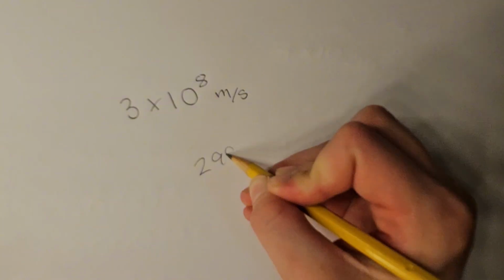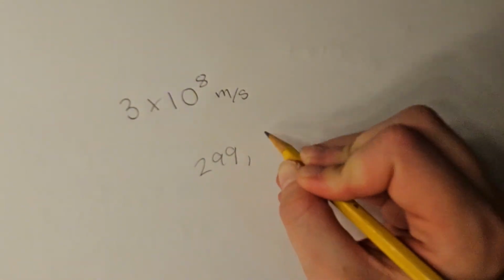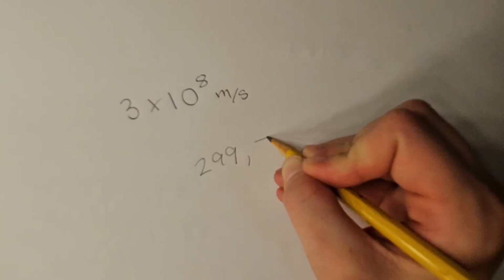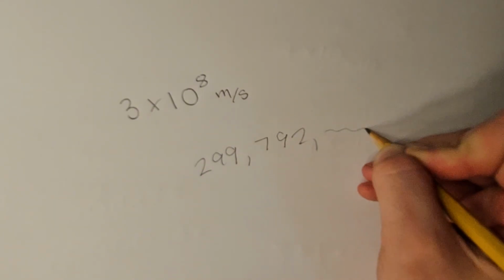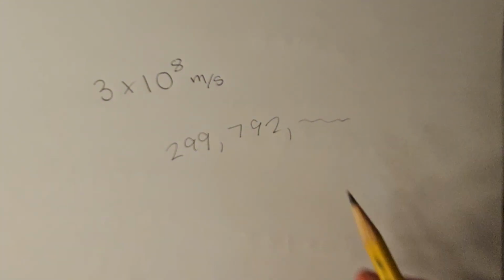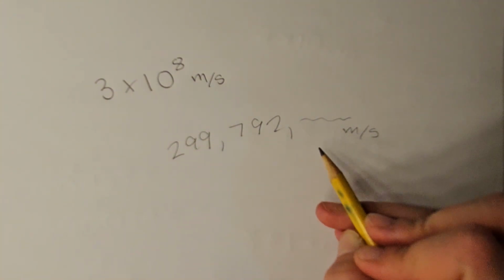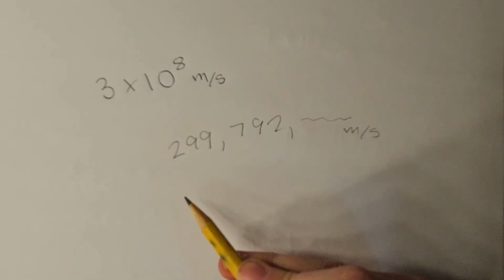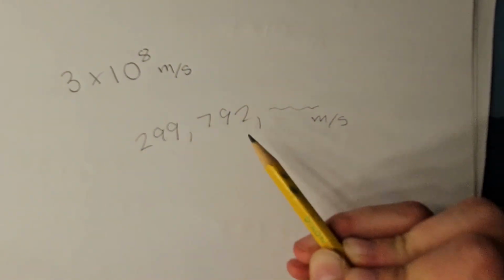The actual speed of light is 299, I think, million. I think it's 299.7 to something meters per second. But if you're doing calculations, or you're writing a paper or anything like that, you're not going to write out this whole big number over and over and over.